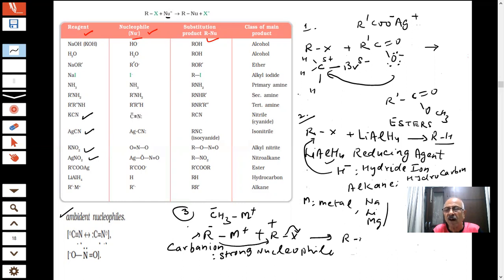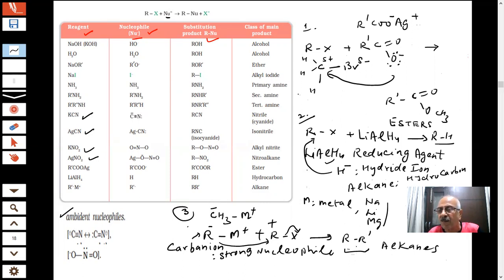What you are getting is RR'. What is RR'? Alkanes. So you have been able to prepare higher alkanes. This alkane is a higher alkane from this lower alkane.